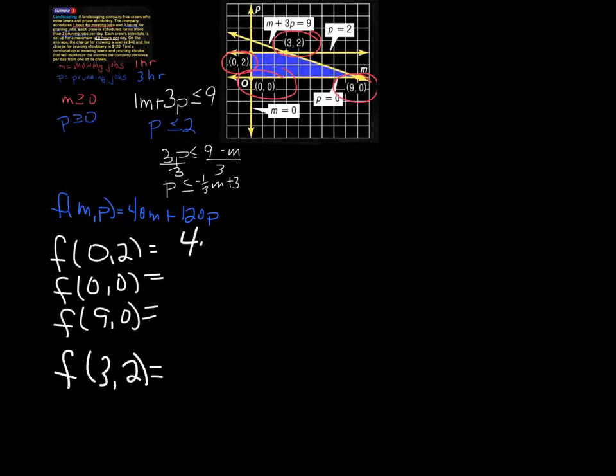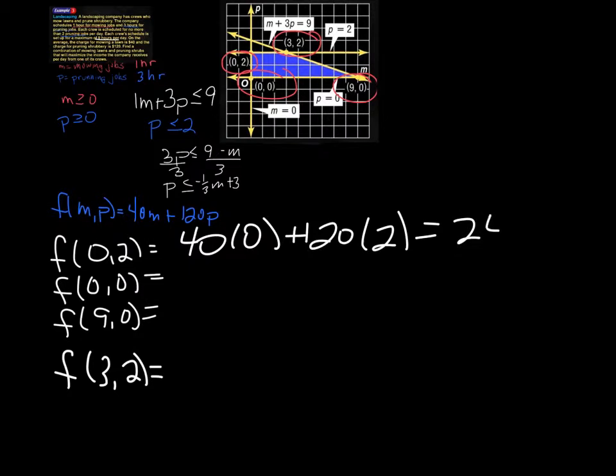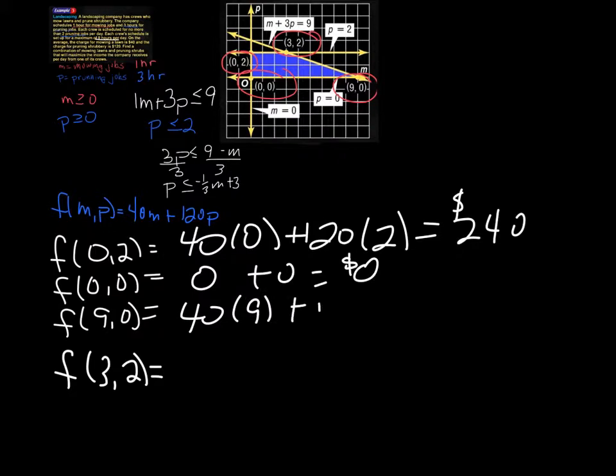So 40 times 0 plus 120 times 2 would be 240. 0 plus 0 is 0. 40 times 9 plus 120 times 0 would be 360.